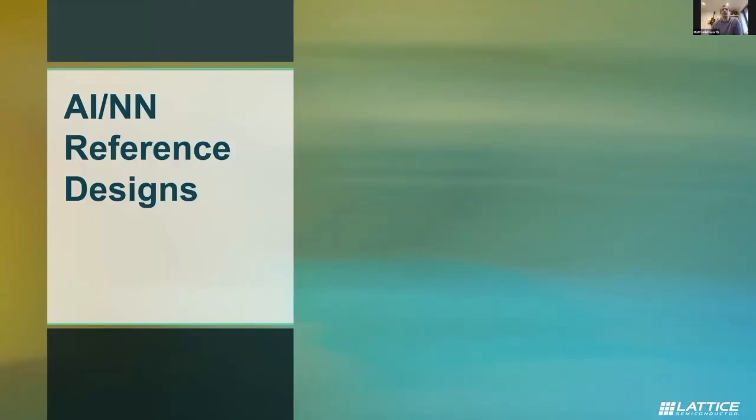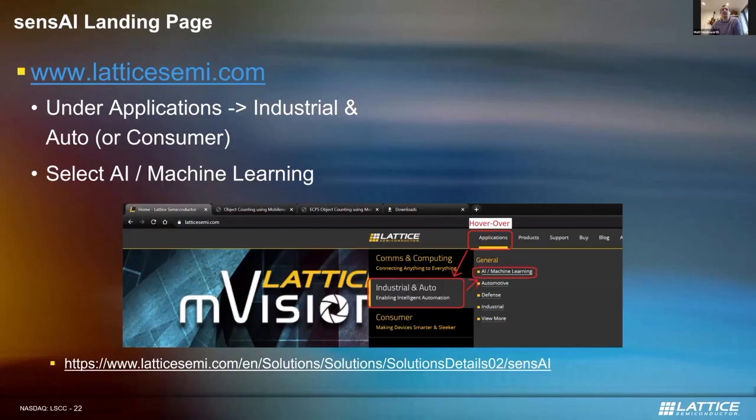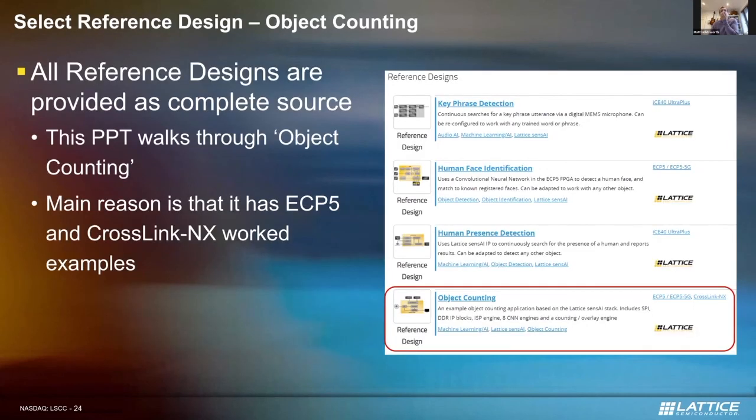Just to finish, on our website we have reference designs that provide an excellent starting point for you. I would encourage anyone interested in background detail on this to go and have a look at our website. There's a lot of good stuff there, you don't have to pay for it, and you can go and have a look and download. With each reference design there is a complete walkthrough guide.